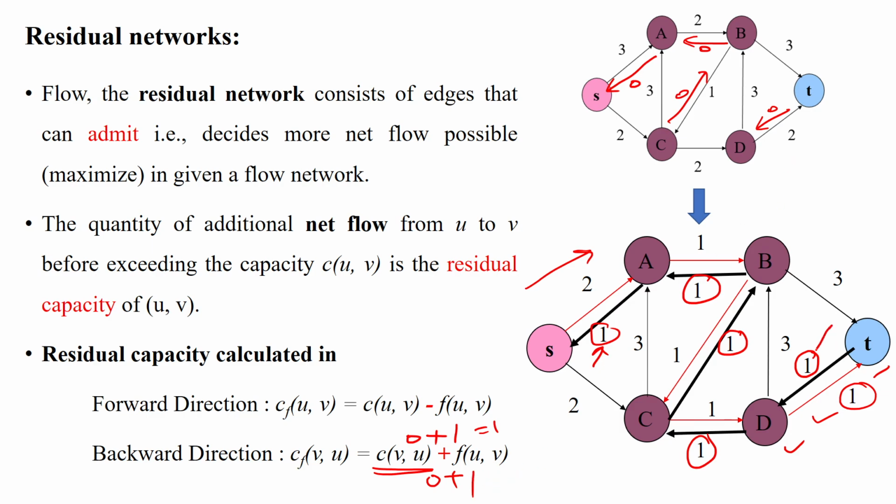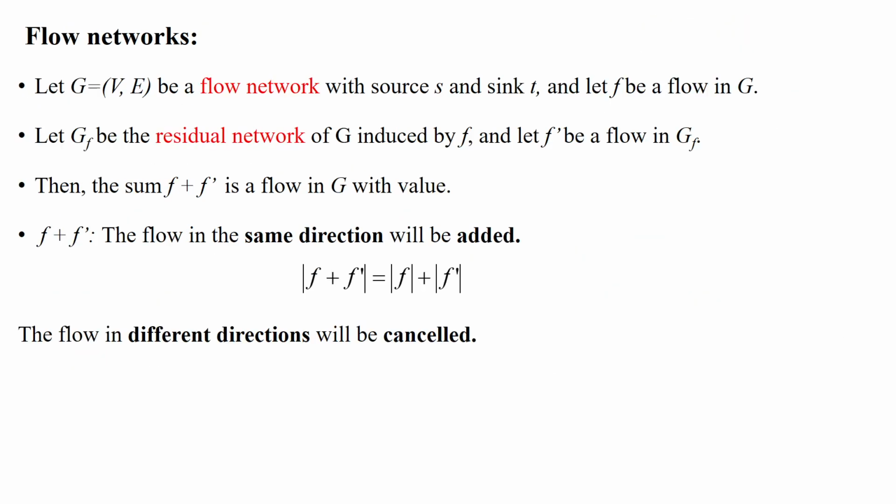So that's what is represented here. So we have to calculate the residual capacity between each and every vertex using the forward direction and backward direction. Based on this concept, we are representing the flow network with a collection of vertices and edges. Here we have the source and destination, s comma t.